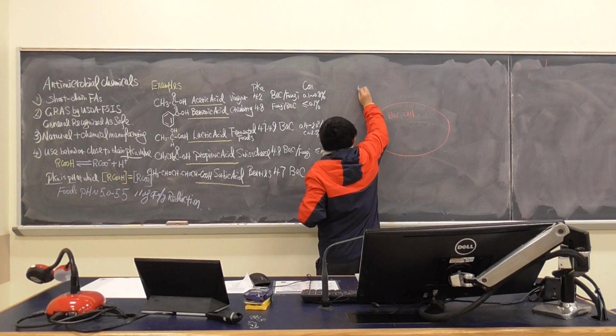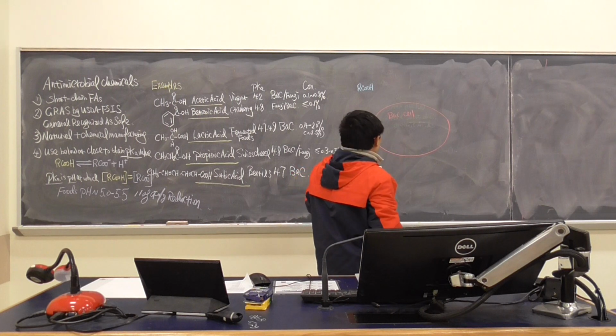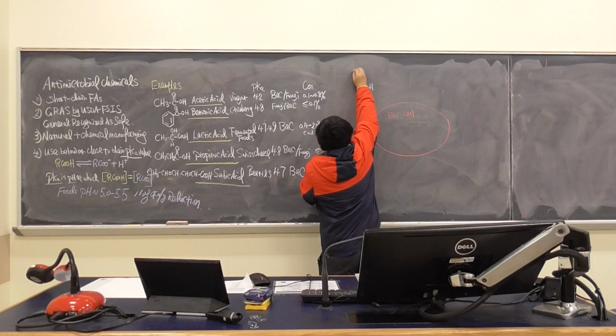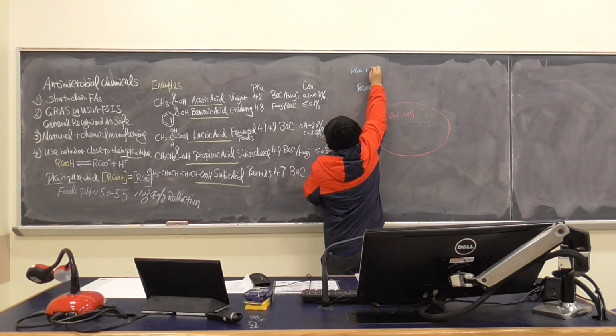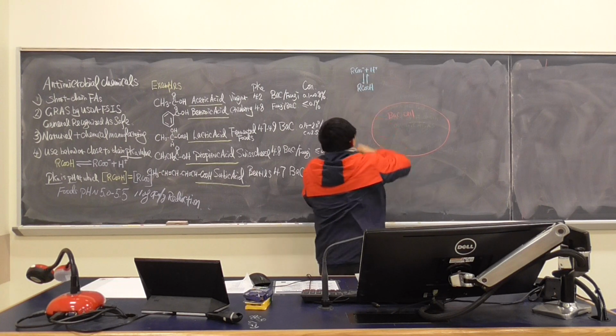Then I have a weak acid coming, you will see it's going to be RCOO negative with positive, and go this way and go that way.